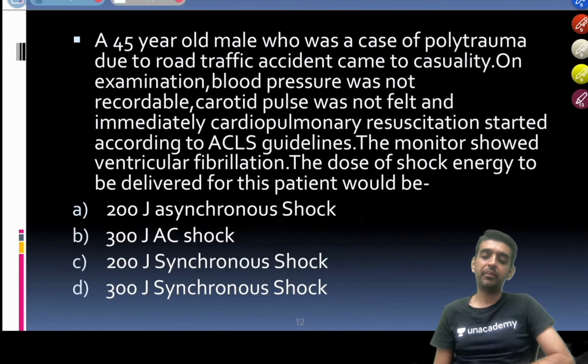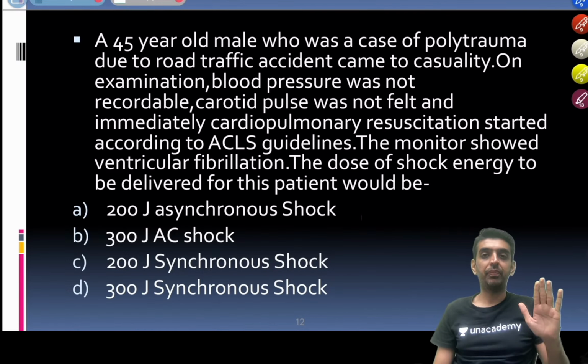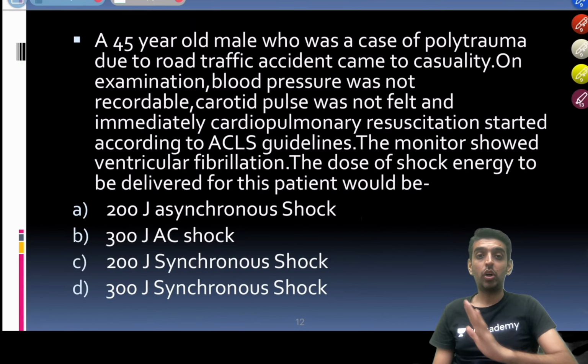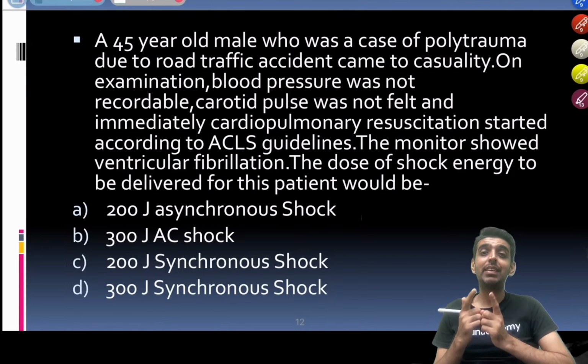Now this is interesting. A 45-year-old male who was a case of polytrauma due to road traffic accident came to casualty, right? And you are posted in casualty department. On examination, blood pressure is not recordable, carotid pulse is not felt. Immediately CPR is started according to ACLS guidelines, right?